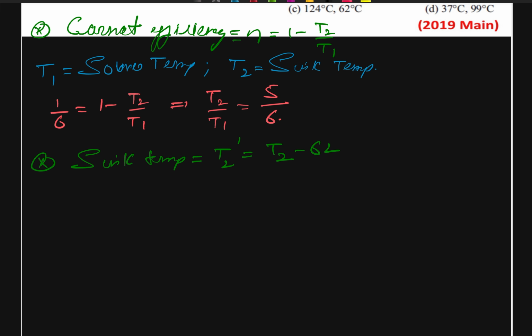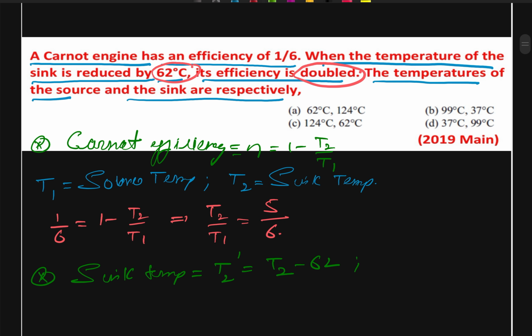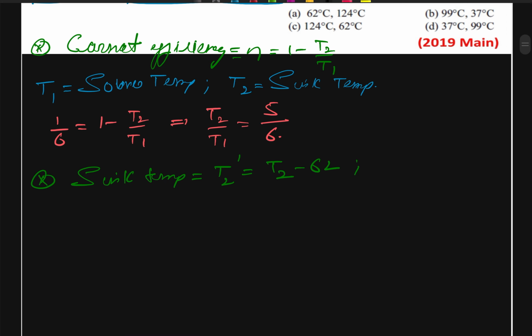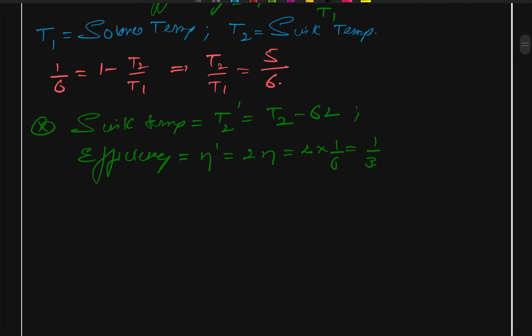And it says that the efficiency is doubled. So nu prime will be equal to 2 times the original efficiency, which is 2 into 1/6, giving us 1/3. But the formula for the efficiency is going to remain the same.